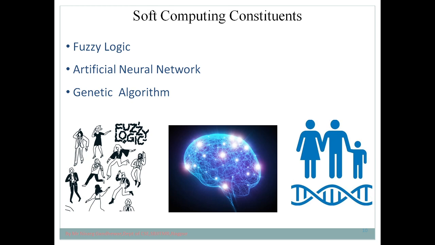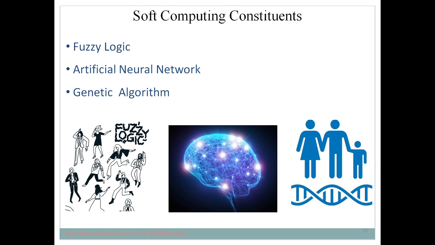Then artificial neural network is used to process the information. Taking an input, processing the information and generating an appropriate action is the role of an artificial neural network. And the third one is genetic algorithm. So what is the use of genetic algorithm? Genetic algorithm is used to find the optimal solution for a given problem.